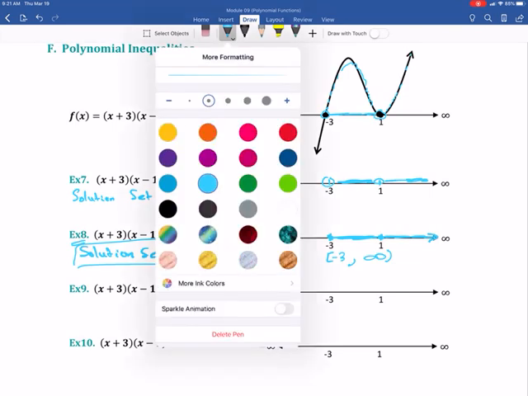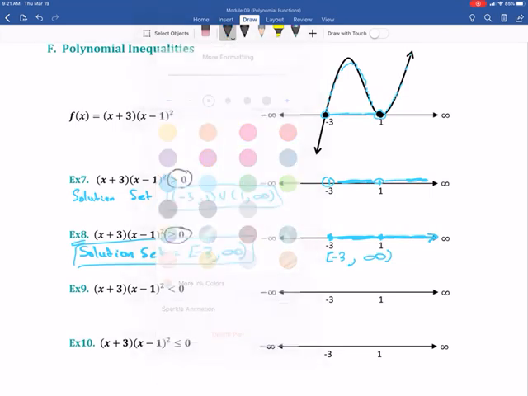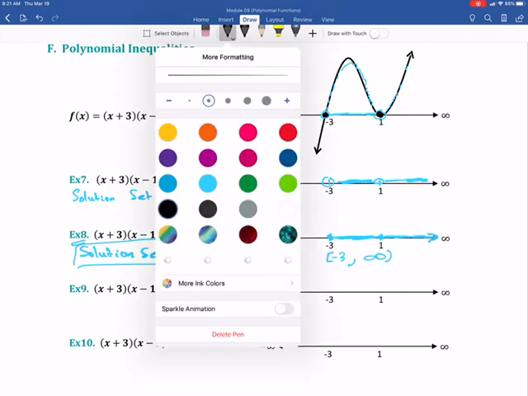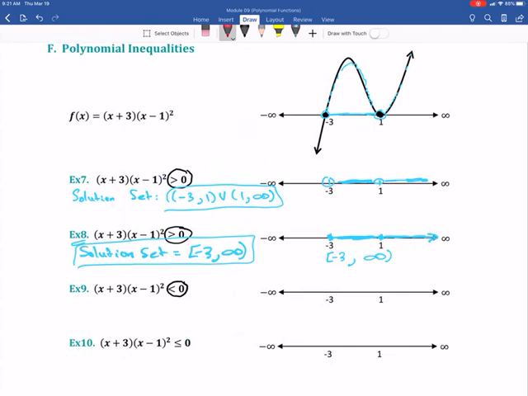In this next one, we're looking at a polynomial being less than 0. So now we're looking back at our graph, and we can put it in a different color, put it in red. As you can see, our graph is less than 0 over to the left of -3. That's the only place we have negative values for our function.